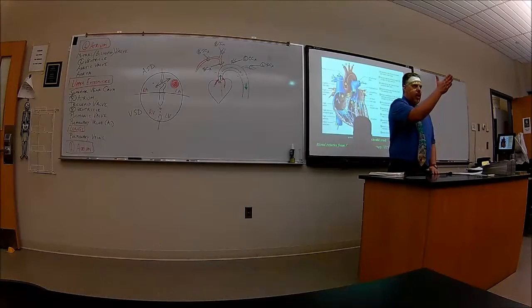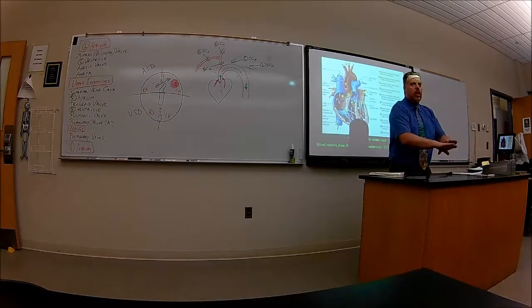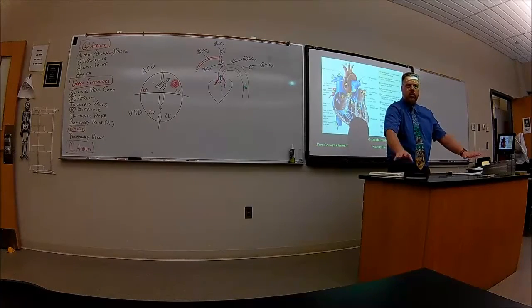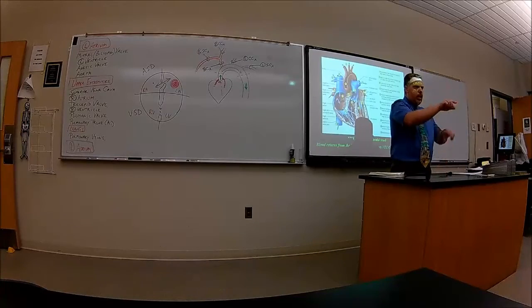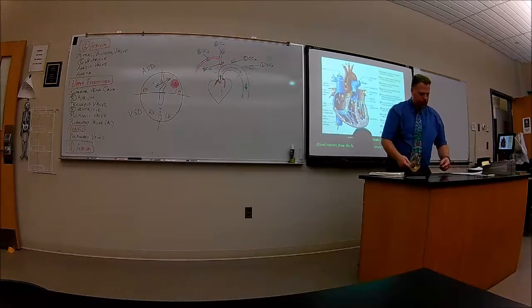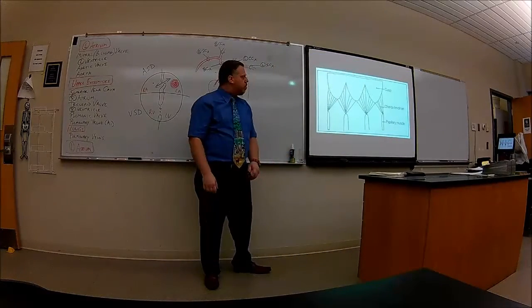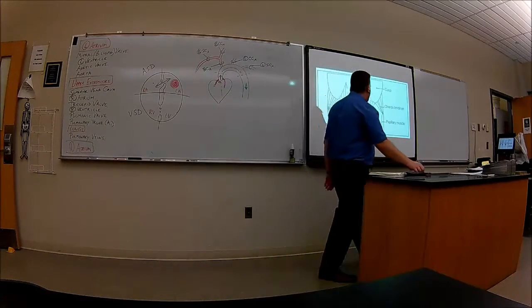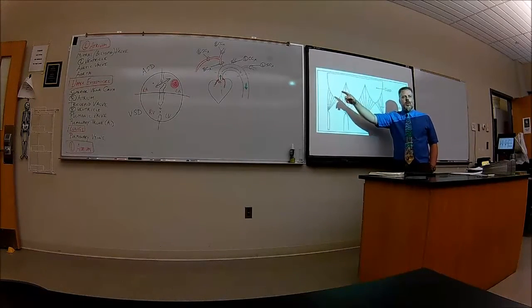If I cut it here and then roll it out like this, so that it's flat, can you visualize it? It's round like this, blood goes through it. I'm going to cut it here and then make it flat on the table. What it will look like is this. Okay? These are the cusps, or the leaflets.